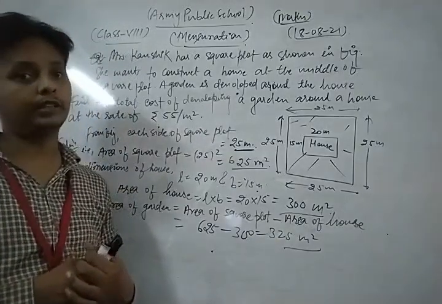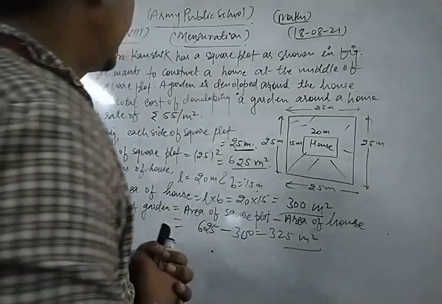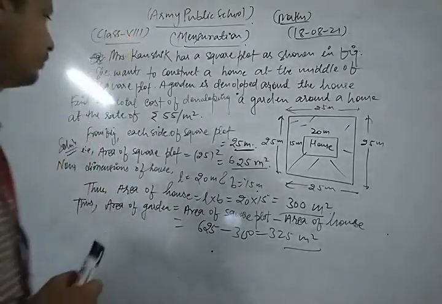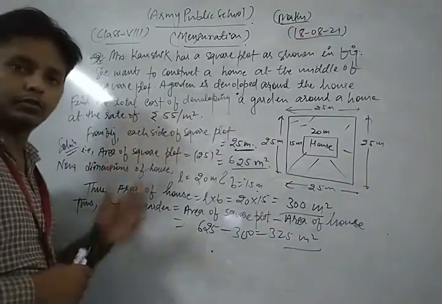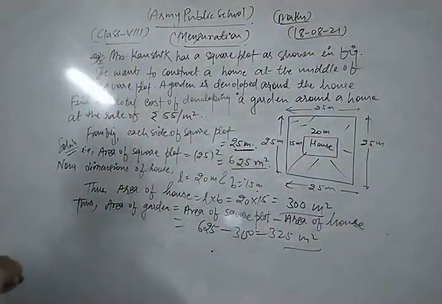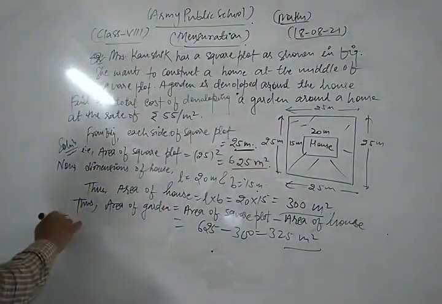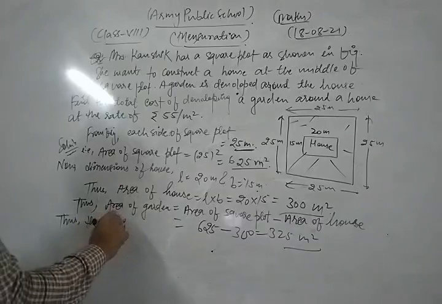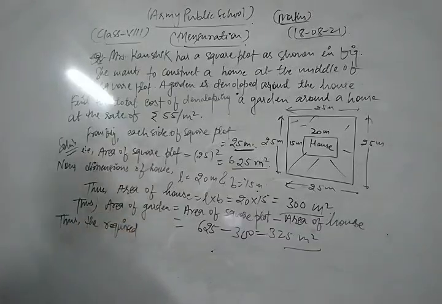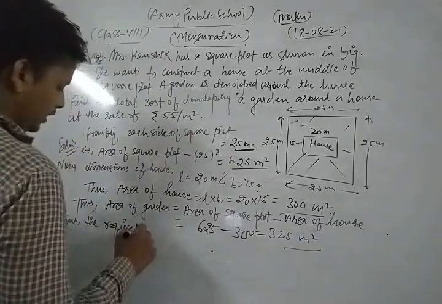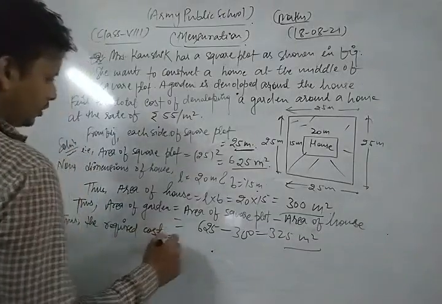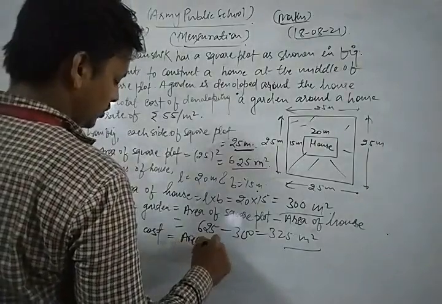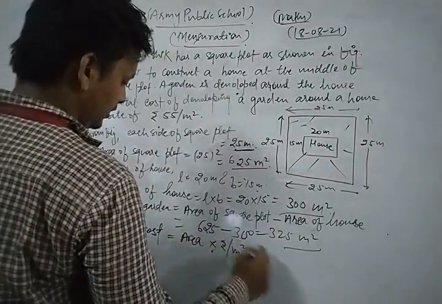Now, dear student, we find the cost of developing the garden around the house at the rate of rupees 55 per meter square. So we multiply them. The required cost is equal to area into rupees per meter square.